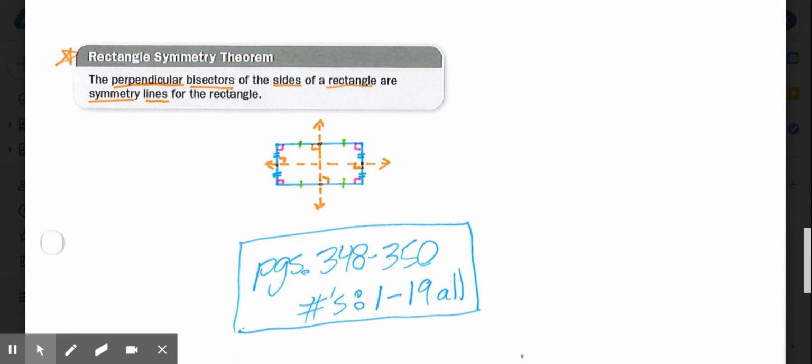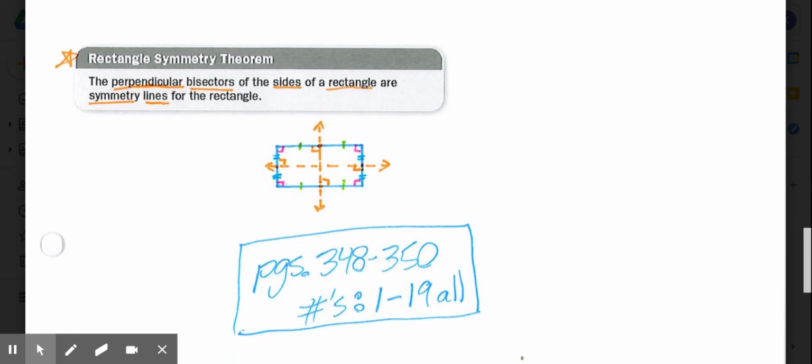And then our last theorem that we're looking at for this lesson is the rectangle symmetry theorem. It states that the perpendicular bisectors of the sides of a rectangle are also the symmetry lines for that rectangle.